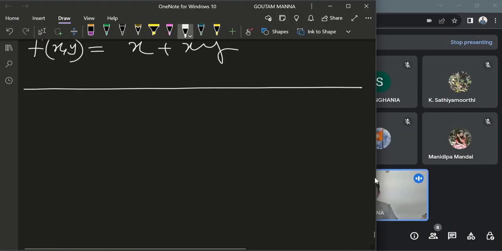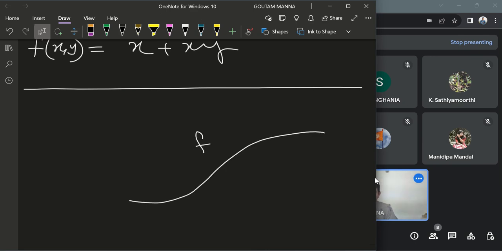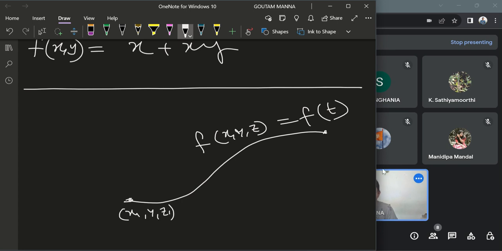So maybe what you are asking is, there is an equation of a curve given. Any curve you can write in terms of some parameter. So maybe you are asked to find the length of the curve from x1, y1, z1 to x2, y2, z2. For that you need to do the line integral.